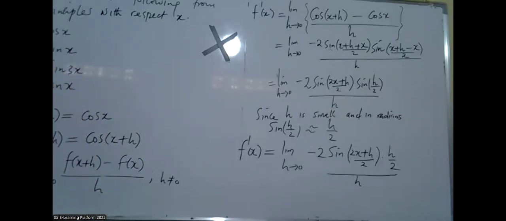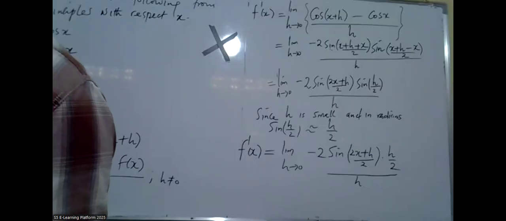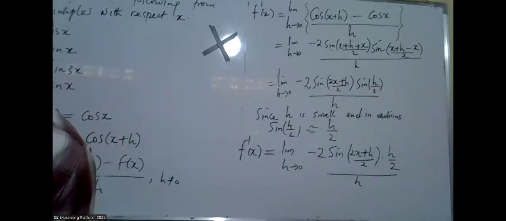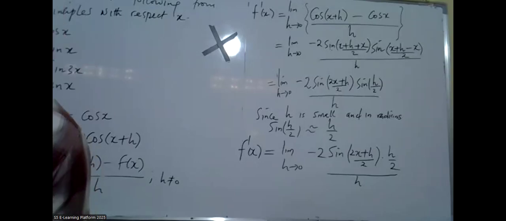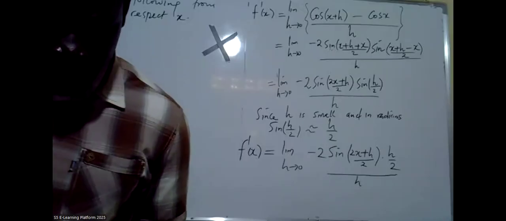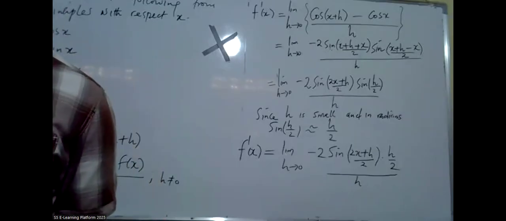Someone animate and tell us what remains. I see Jebed saying negative sine 2x over h, so negative sine 2x plus h. I believe you've forgotten something. Look closely.